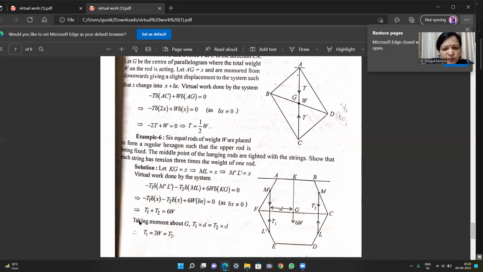Now we have to find that each string has tension 3 times the weight of the rod.